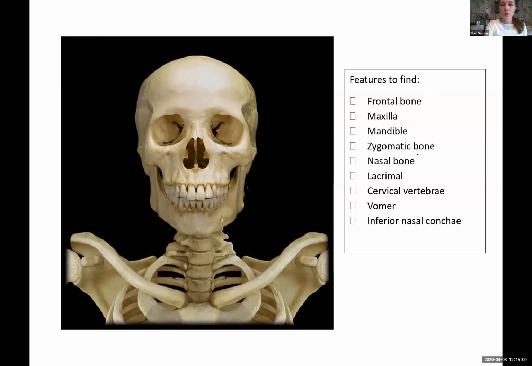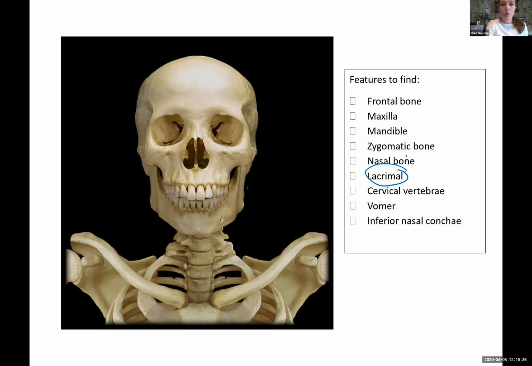The zygomatic bone is going to be this. Here's the apple of our cheeks. That's our zygomatic bone. For the nasal bone, there are two of them, one on each side, because there's a little divider between the two. It's the top of the nose, the bony structure. The rest of our nose is actually cartilage.